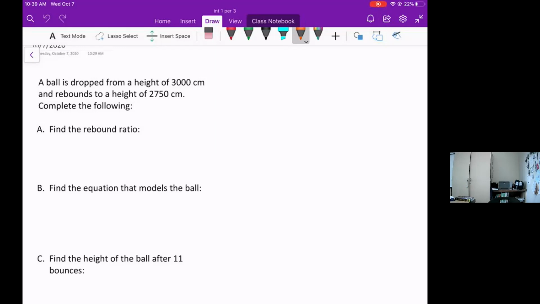The main idea of this chapter, right, Mr. Water? Yes. Predicting the height after so many bounces, because that value is consistent.